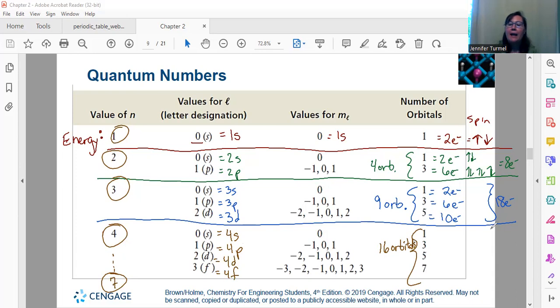That means that we have 32 electrons: 2 electrons in our 4s orbital, 6 electrons in 4p, 10 electrons in 4d, and 14 electrons possible in 4f. That's how you're going to be filling all this in on slide 9 of your notes template.